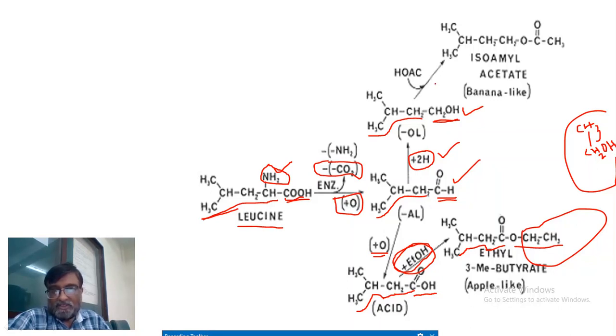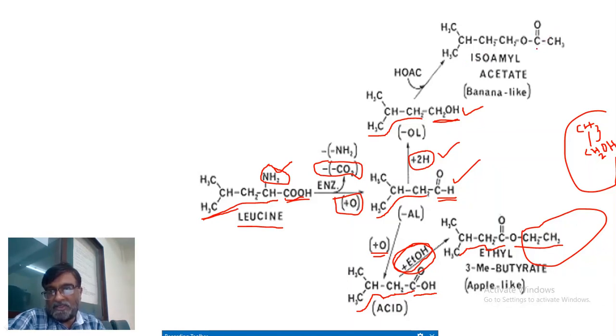After that structure, when we treat with this acetate, that will form the isoamyl acetate, and that will have the banana-like structure.